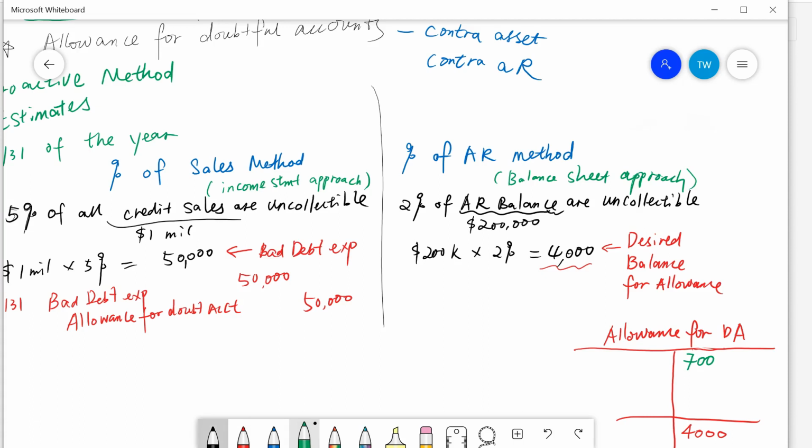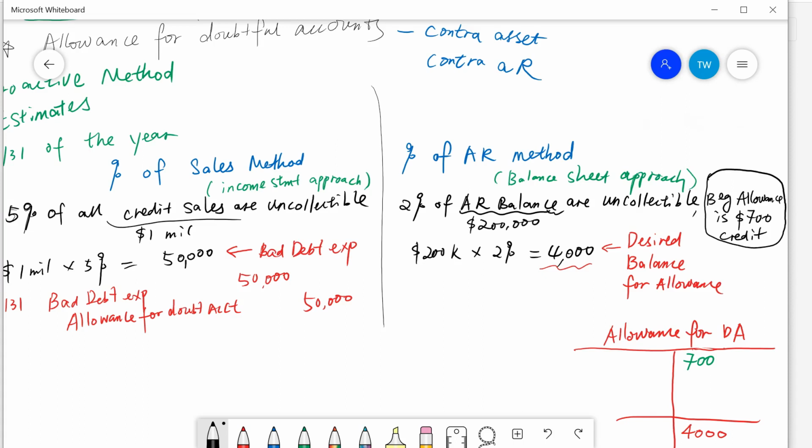Okay, so giving you extra information: beginning allowance is $700 credit, a credit balance of $700.